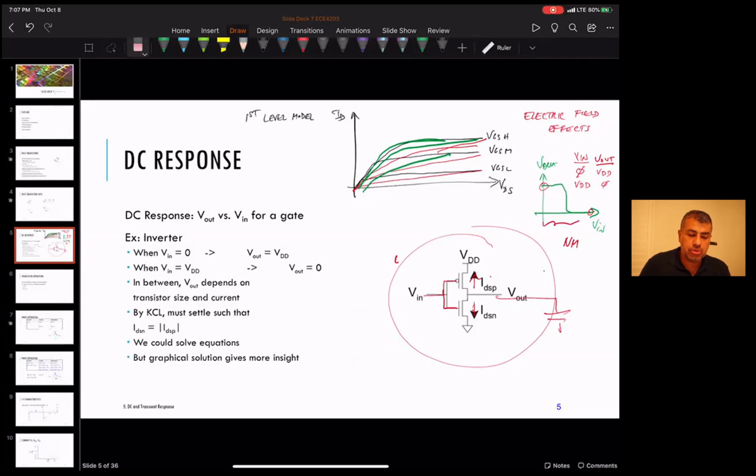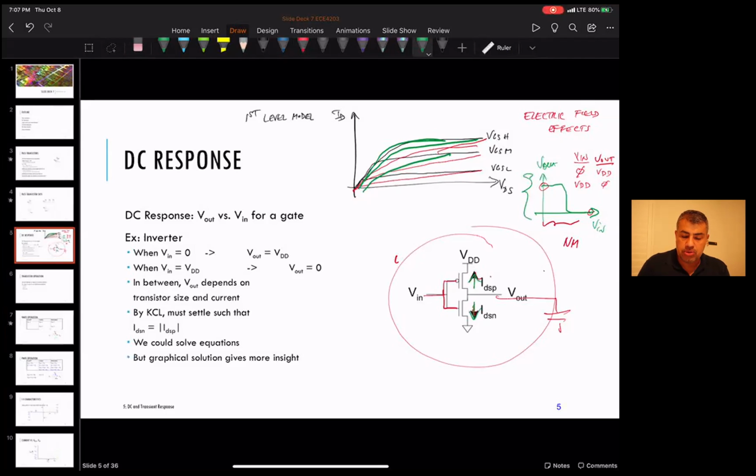So we're looking to calculate this transfer function. What we do is, again, there are no other currents, so all we do is Kirchhoff's current laws. We have two currents, one of them the P drain source current, the other one is the N drain source current.